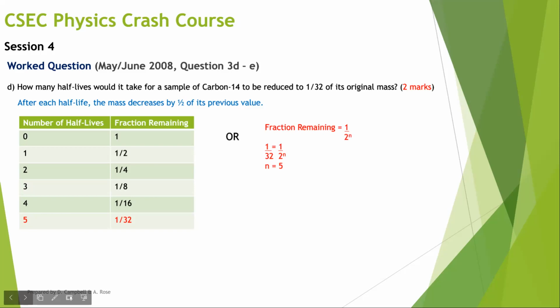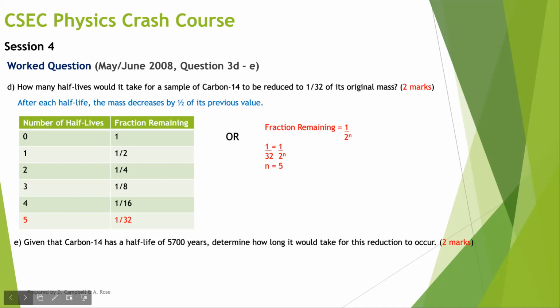So if the fraction remaining is 1 over 32, we need to find out what 1 over 32 is equal to in terms of base 2. So 2 to the 5th power is 32. So 1 over 2 to the 5th power would be equal to 1 over 32. Right? So that's one other way that you can approach it.